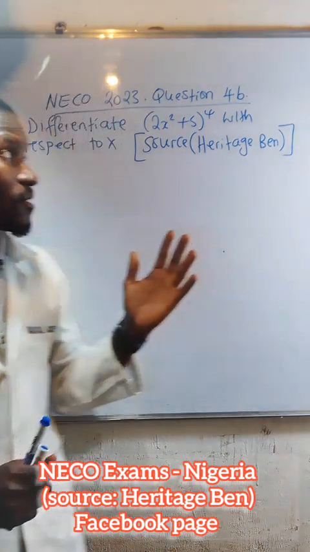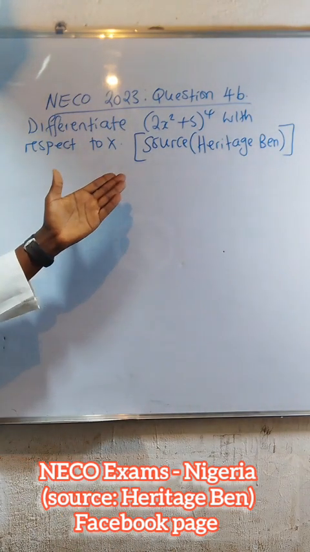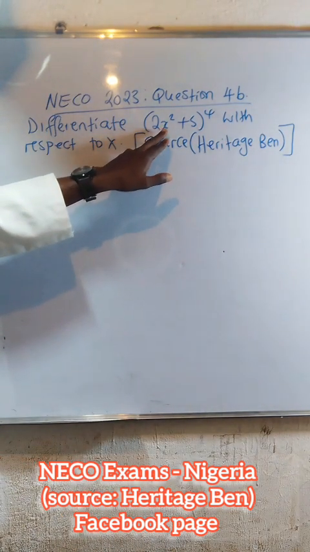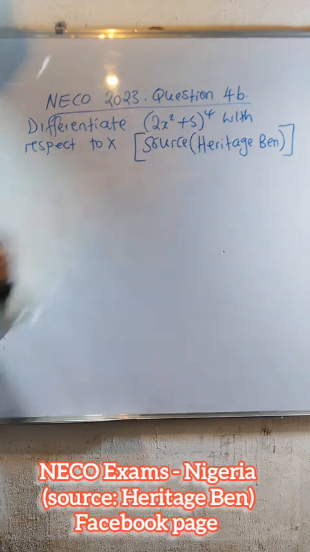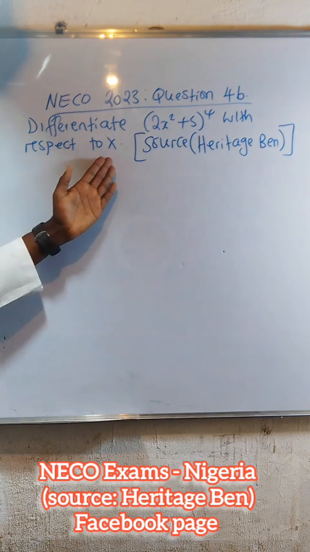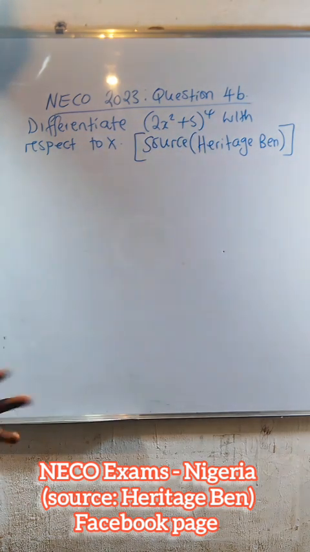The question says: differentiate (2x^2 + 5)^4 with respect to x. I've actually tagged the source.